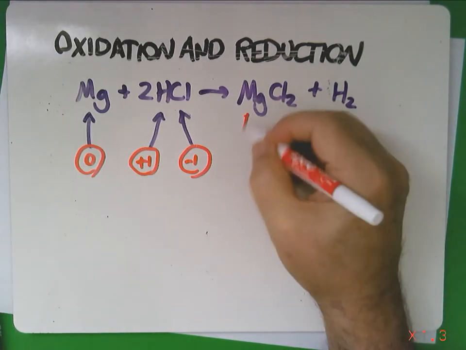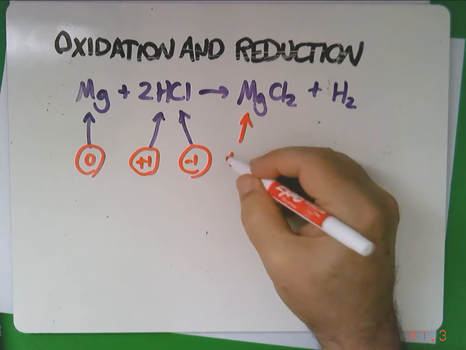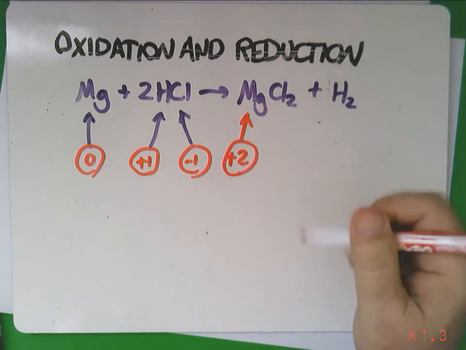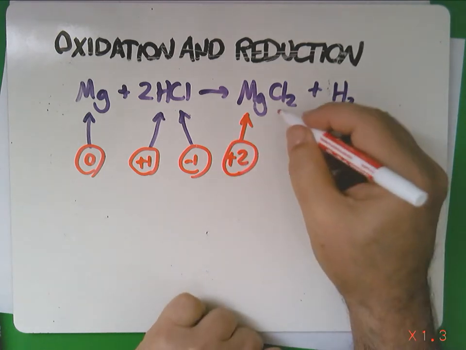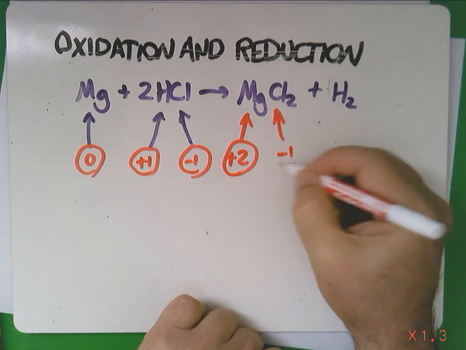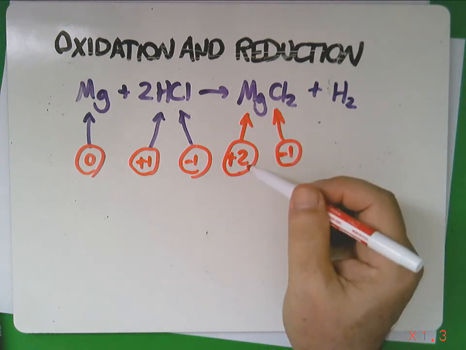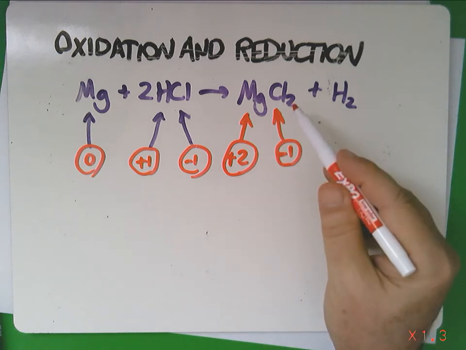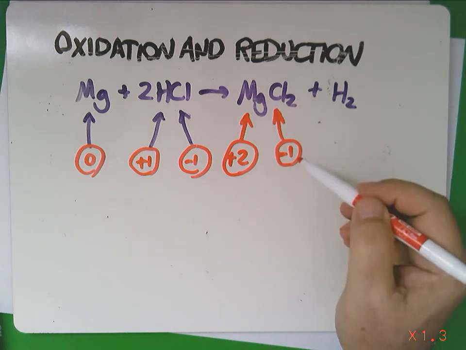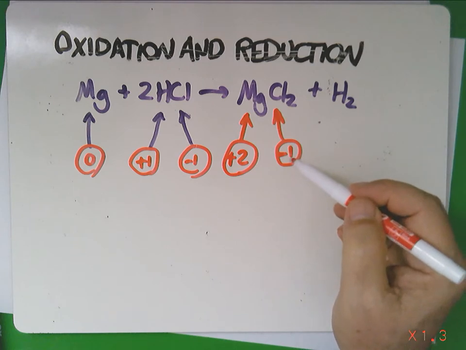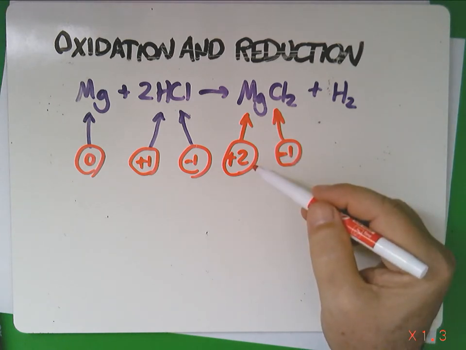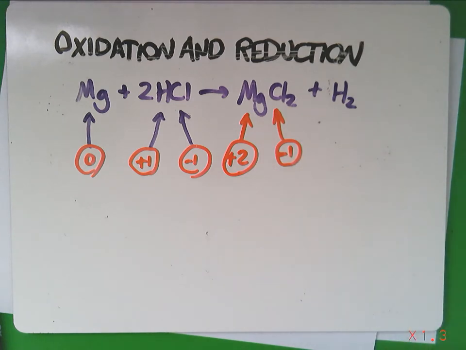So I can write +2 is the charge on the magnesium, and -1 is the charge on each of the chlorines. Now, this makes sense, right? Because if you've got 2 chlorines in there, and each one has a -1 charge, that's a total -2 charge, and it balances this off. So you've got to have the charges balance in the formula for an ionic compound.